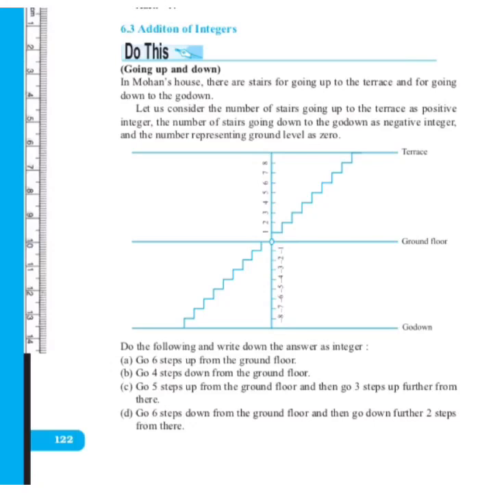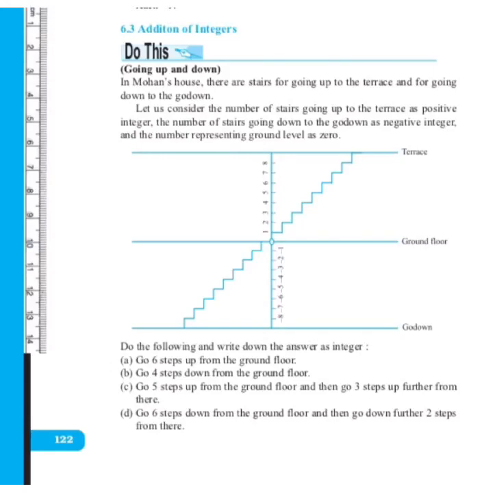In Mohan's house, there are stairs for going up to the terrace and for going down to the godown. Let us consider the number of stairs going up to the terrace as positive integer and the number of stairs going down to the godown as negative integer, and the number representing ground level as 0.